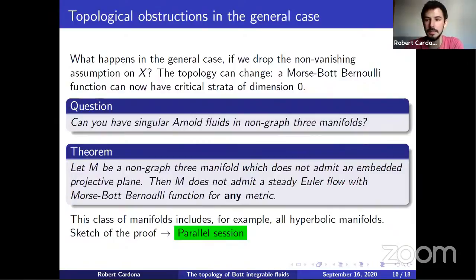I think it's a simplifying assumption, probably avoidable. The fact that it's a Morse-Bott Bernoulli function is also needed. This doesn't work in the analytic case. In the analytic case, it's not known if you can find a solution for a non-graph manifold. I think it's probably not true that they exist, but the proof I use doesn't work. You need the Morse-Bott assumption.